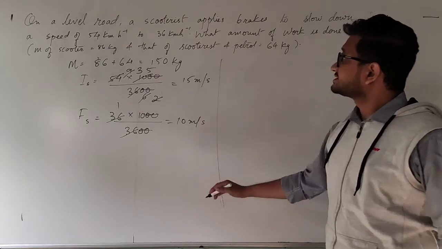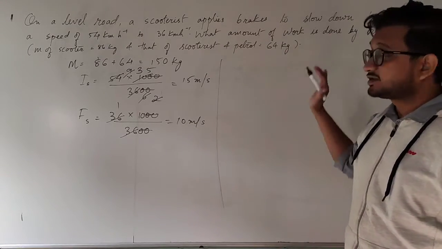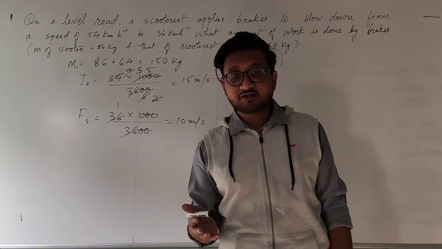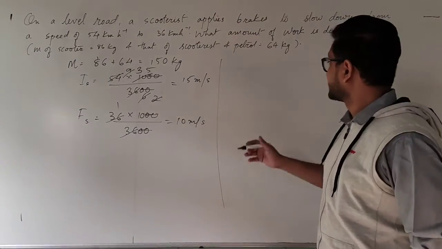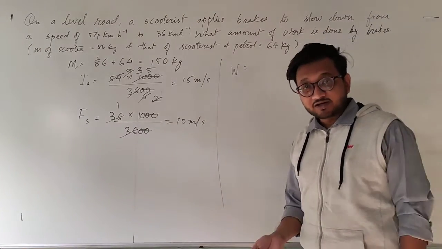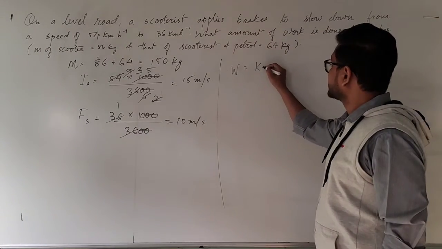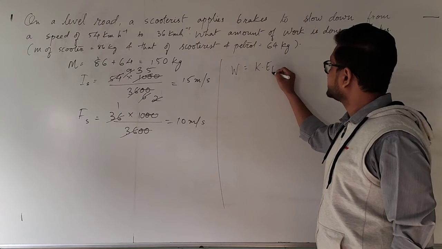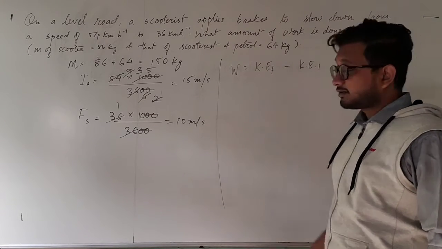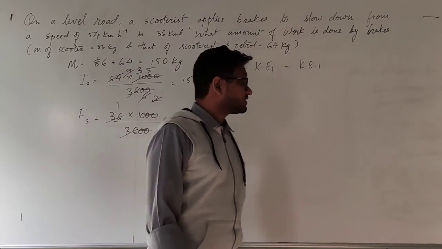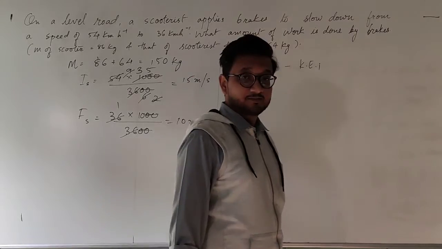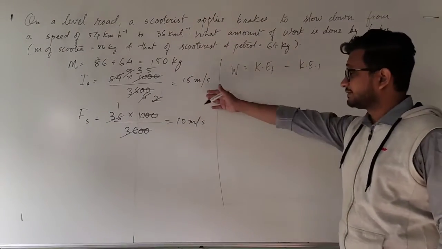Now the question is, what is the amount of work done by the brakes? We know the change in energy will give me the amount of work done. So work done is equal to final kinetic energy minus initial kinetic energy. Obviously, the final kinetic energy is going to be less because it is 10 over here and the initial is 15.